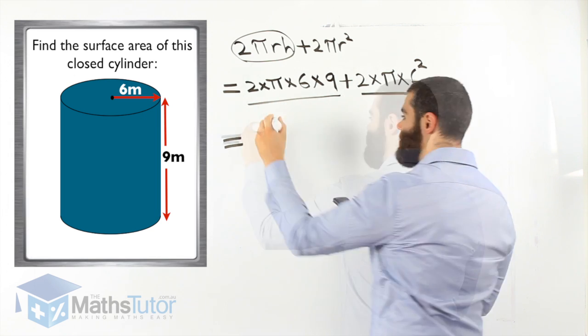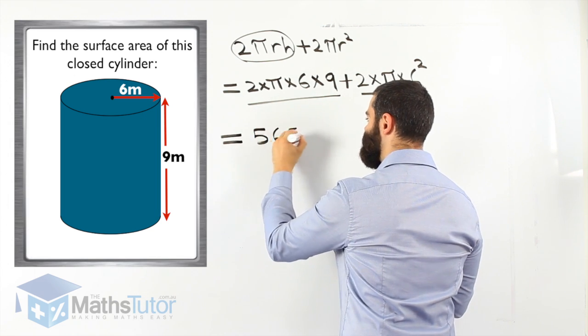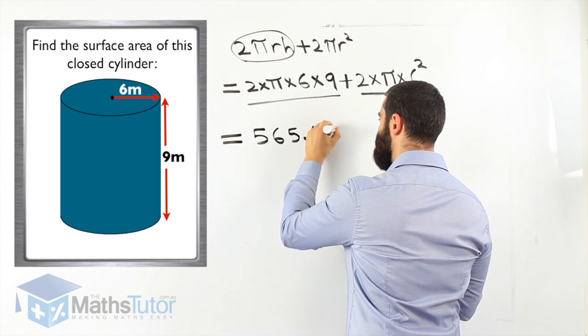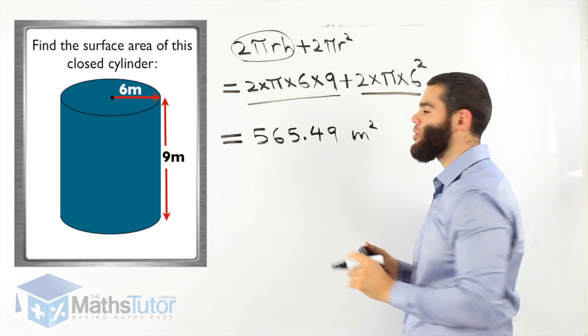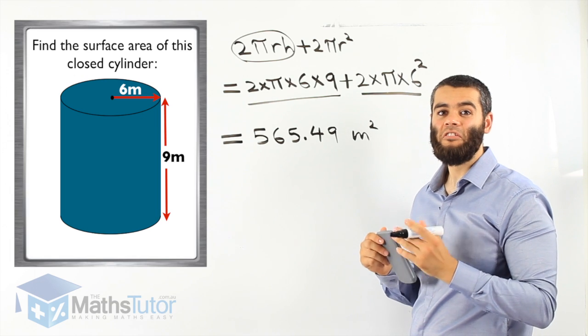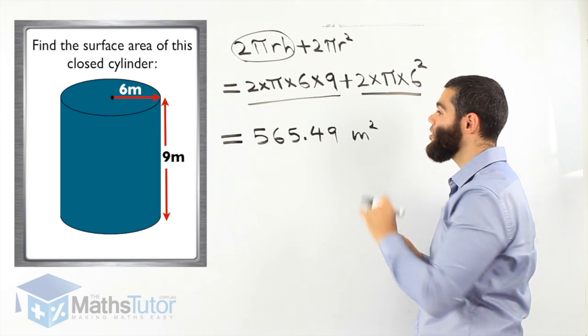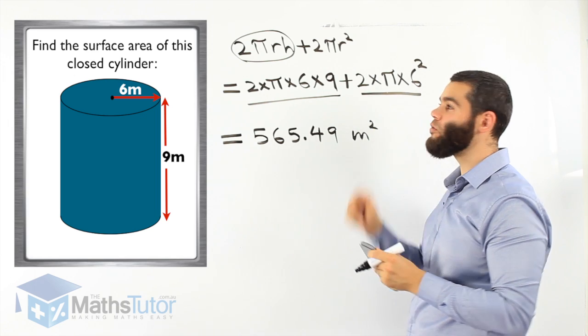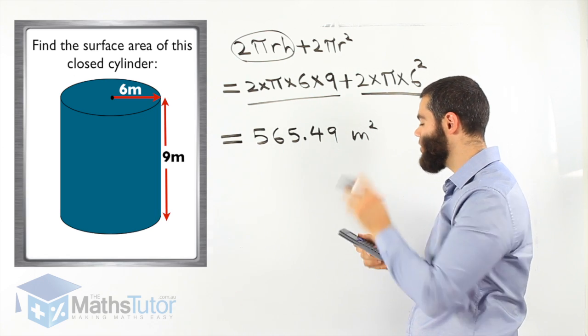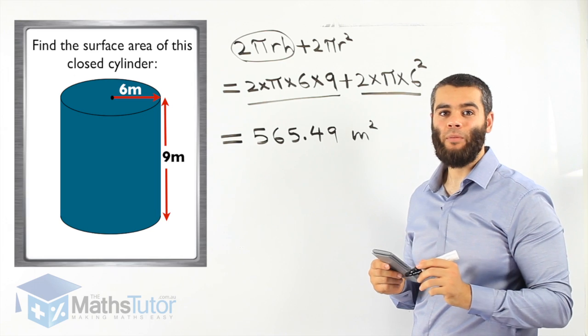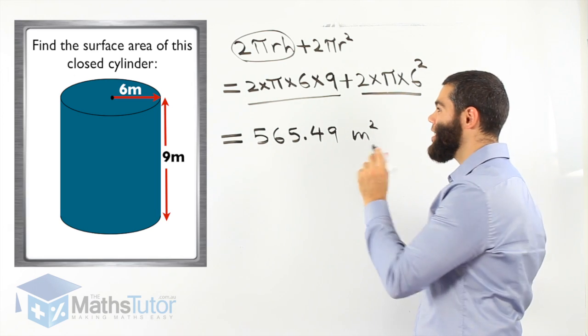And our answer is 565.49 square meters. That is our total answer. That is the surface area of the curved surface plus the two circular ends. So the total surface area is 565.49 square meters. Try it with your calculator and you'll get it correct.